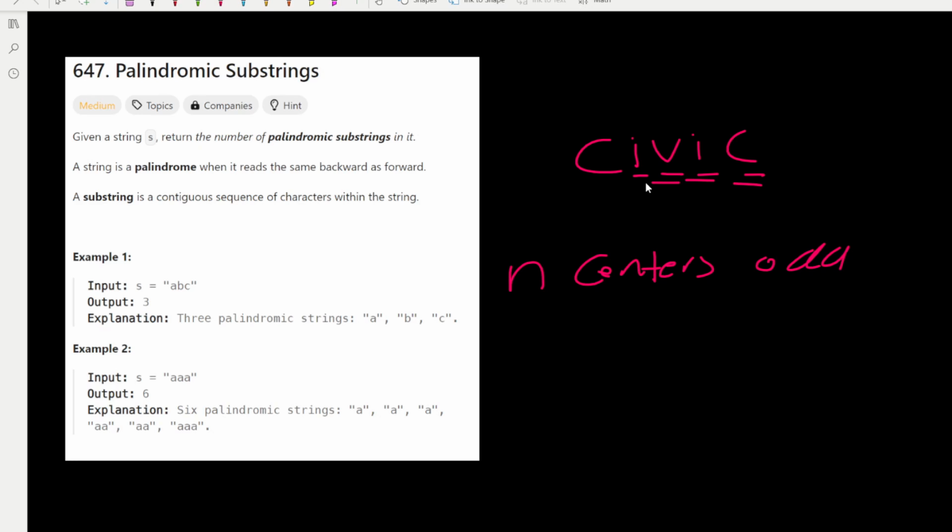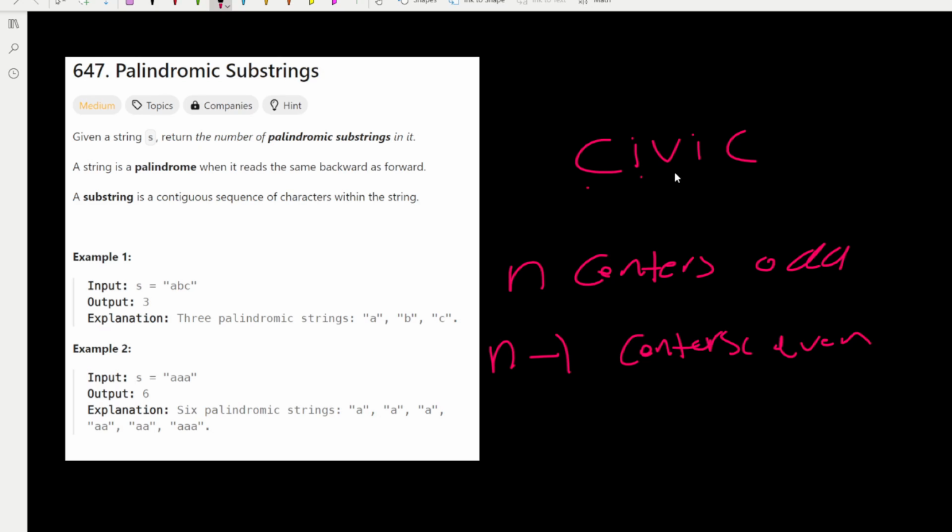What about even? Well, we said we need to consider 2 characters. So at one point, this would have been the potential center, then this one, then the VI, then the IC, because we have 2 characters, and this will be n minus 1 potential centers for the even case. Why n minus 1?